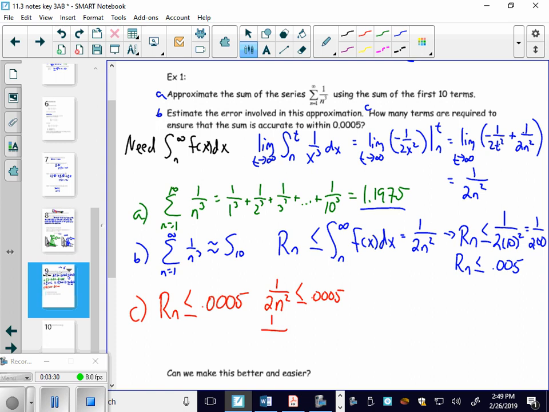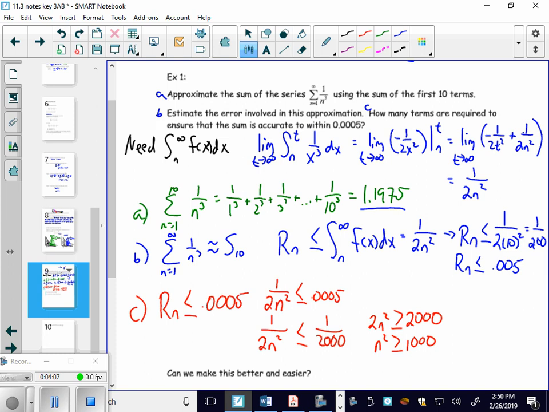So 1 over 2n squared is less than or equal to 1 over 2,000, which means that if I reciprocate both sides, which I can do, the inequality sign has to change. So 2n squared is greater than or equal to 2,000, which means that n squared is greater than or equal to 1,000.